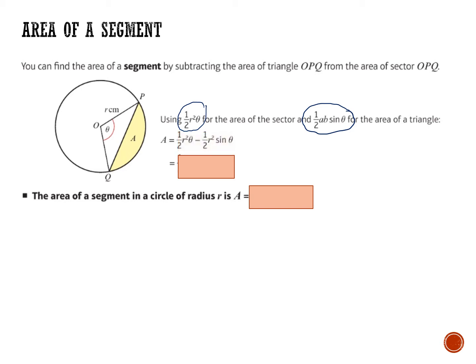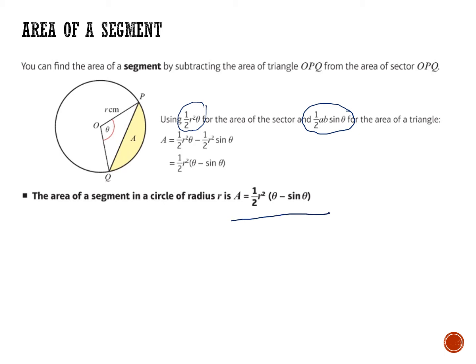So that formula becomes half r squared theta for the area of the sector, take away half r squared sine theta for the area of the triangle. We can factorise that by taking the half r squared outside. So the area of a segment is given by this formula.